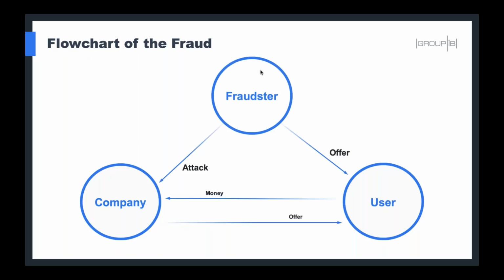But as soon as the third entity appears, the fraudster, the user starts facing two offers, and he doesn't understand very well which one is the proper one. And of course, if the fraudster is good enough, the user could choose the offer from his side. And what happens next? Of course, money leaks to the fraudster.